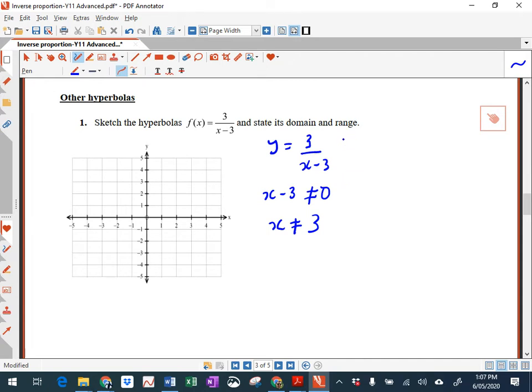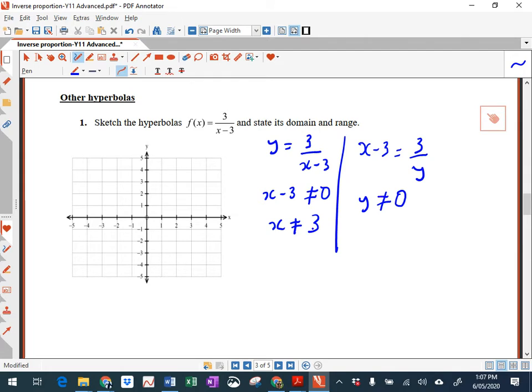Now, the other way of thinking about this equation is I could rearrange it. I could put this as x minus 3 is equal to 3 on y. Yep. And then I can see here that I can't have a zero denominator again, can I? So y cannot be 0. So that means I've got asymptotes at y equals 0 and x equals 3.